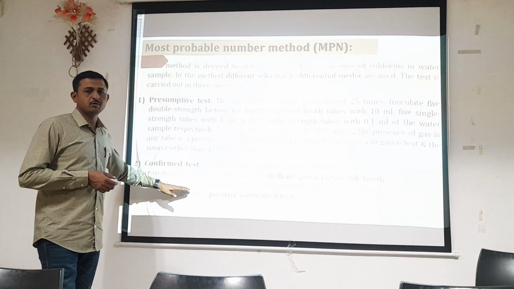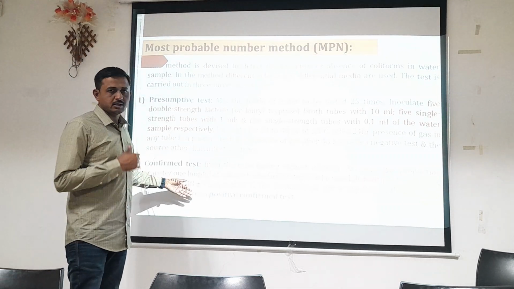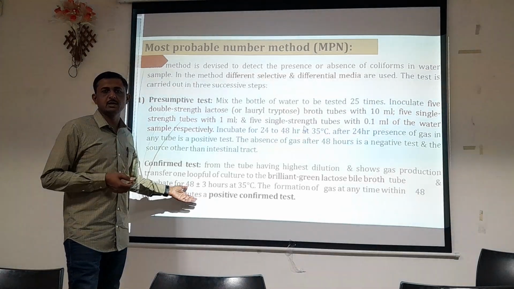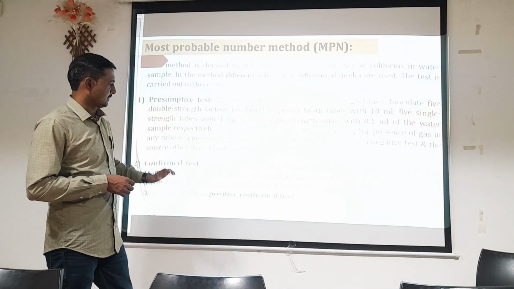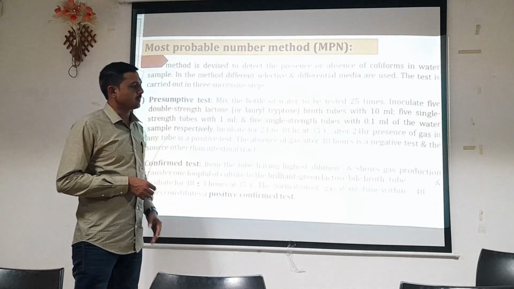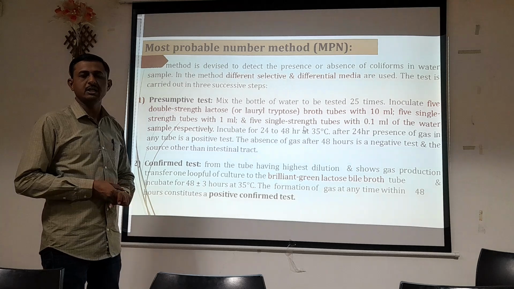If that tube gives a positive report at 24 hours, you consider it positive, or if you don't observe any positive report after 48 hours, you consider it a negative result. The formation of gas at any time within 48 hours constitutes a positive confirmatory test.